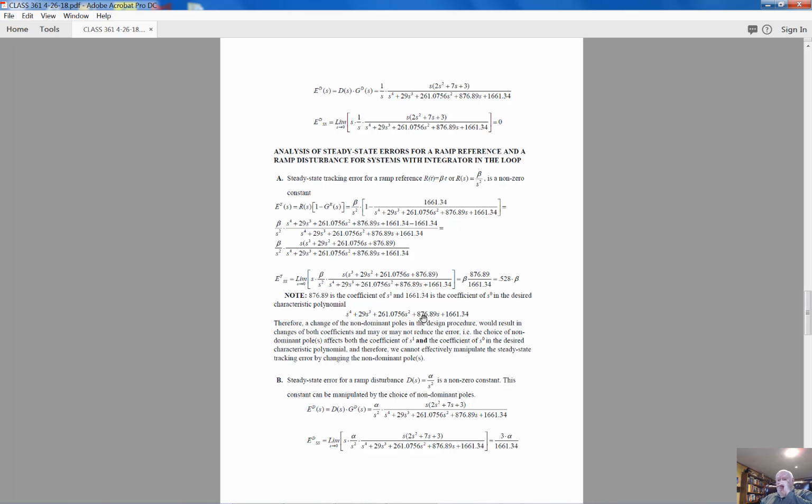Our ability to manipulate steady state tracking error in the system with integrator or without integrator is limited. We don't have this freedom to manipulate the steady state error. It's bad news for us. But nevertheless, error will be constant, and this constant is not equal to 0.